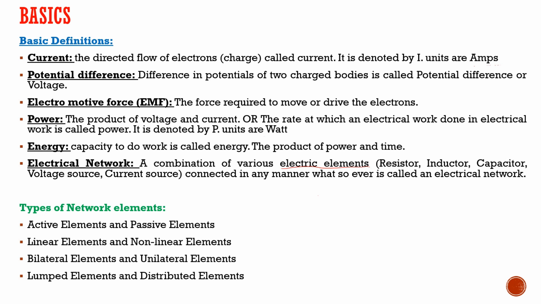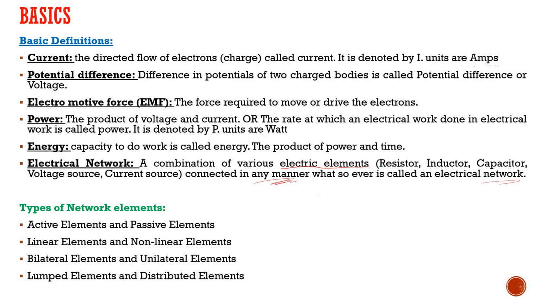The combinations of various electrical elements are connected in some kind of manner. There are different kinds of connections also. Whatsoever it is, it is simply called as electrical network. Basically, an electrical network might have a closed path or open path.